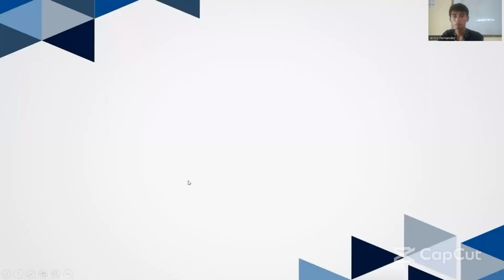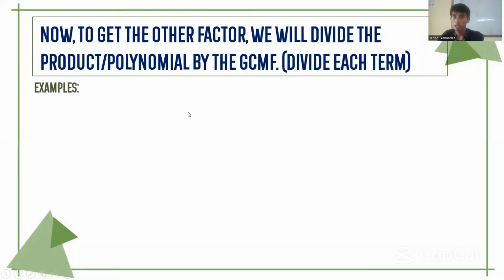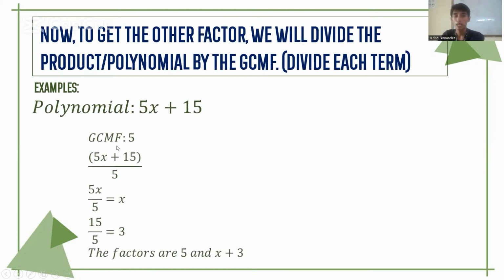Okay po. Now, if the product, balikan natin, kapag given na yung product and other factor, we use division to get the other factors. Okay? To get the other factor, we will divide the product or polynomial by the GCMF. Nakuha na natin yung GCMF, i-divide natin each term ng polynomial. Polynomial ay 5x plus 15.